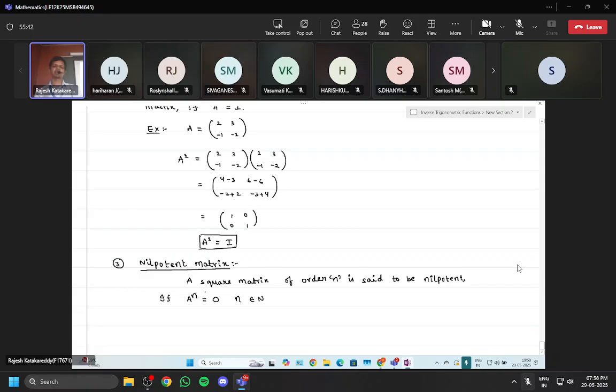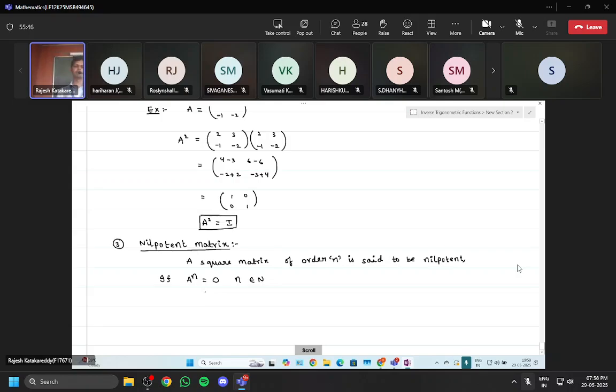A square matrix A of order n is said to be nilpotent if A power n is equal to null matrix, where n is a natural number. Clear? So like here, the smallest value of n is the index of the nilpotent matrix.